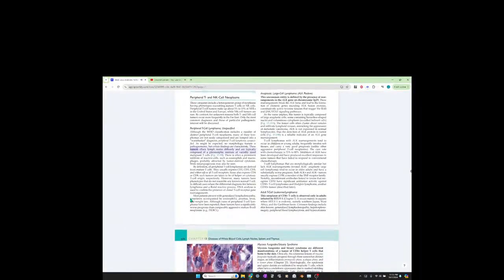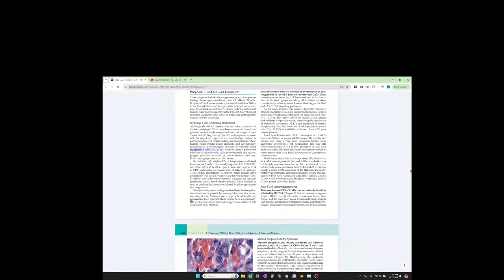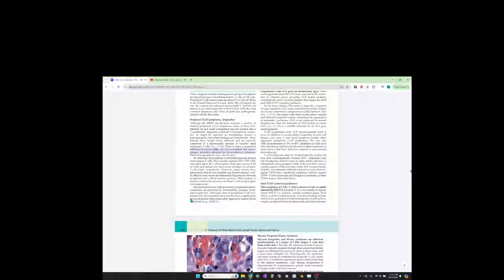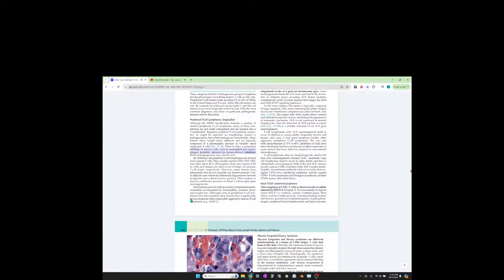These tumors efface lymph nodes diffusely and are typically composed of a pleomorphic mixture of variably sized malignant T cells. There is often a prominent infiltrate of reactive cells, such as eosinophils and macrophages, probably attracted by tumor-derived cytokines.